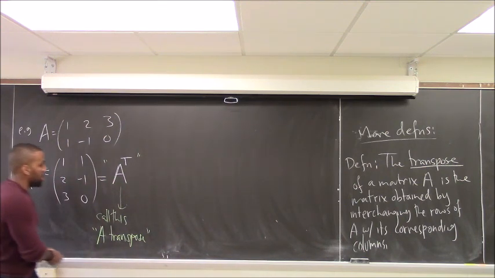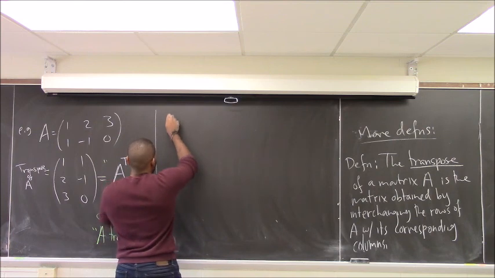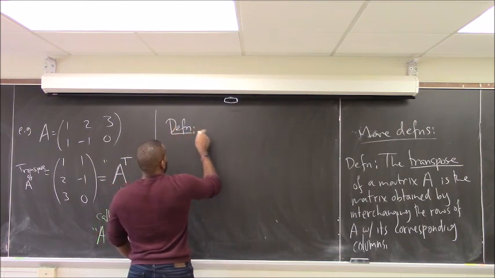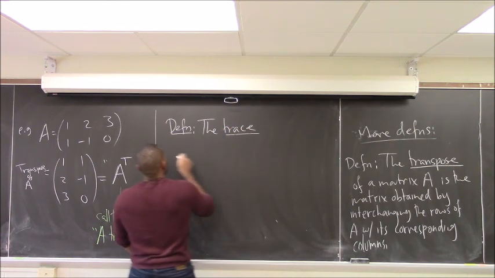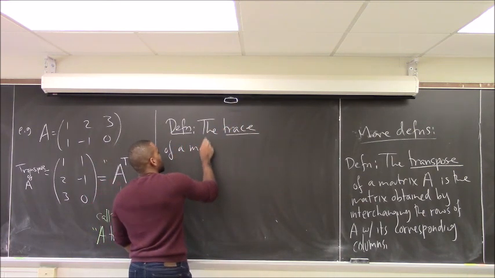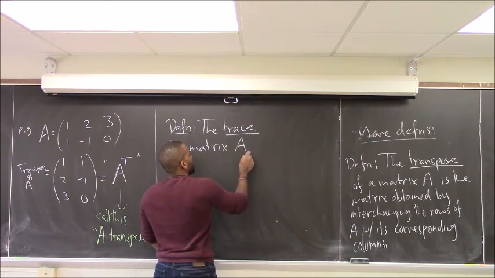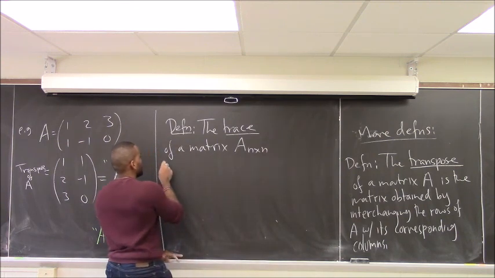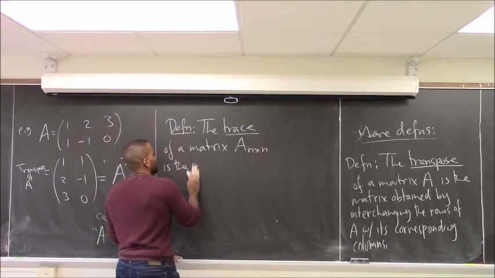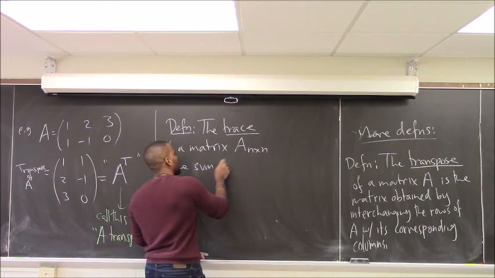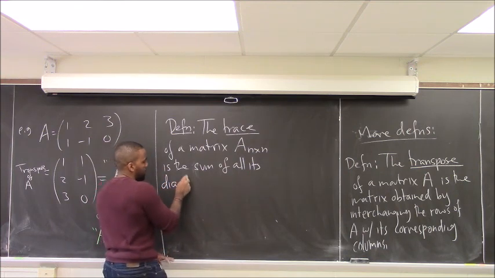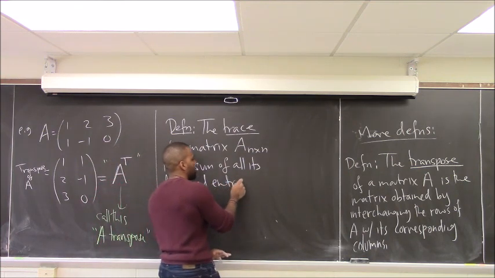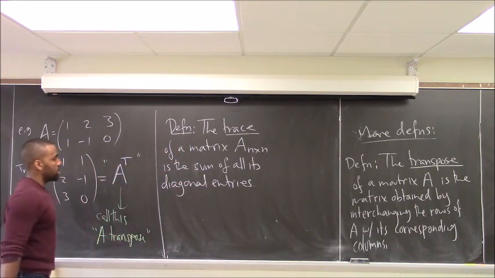Trace, another thing that might come up. Trace of a matrix A. Now this one has to be square. It's the sum of the diagonal entries.